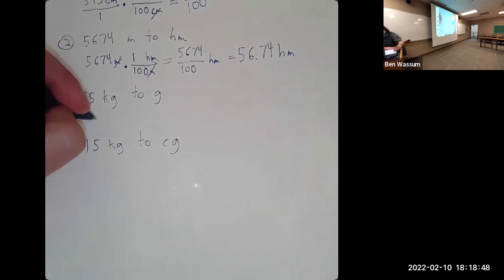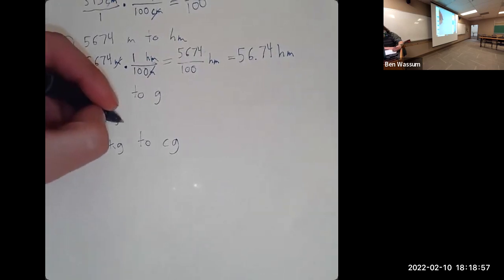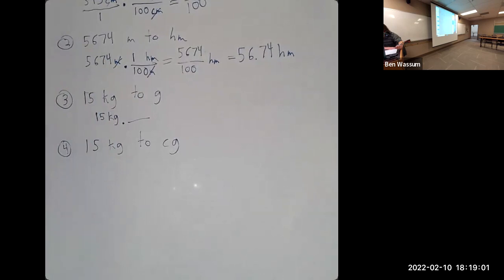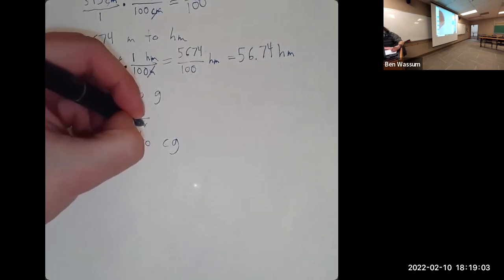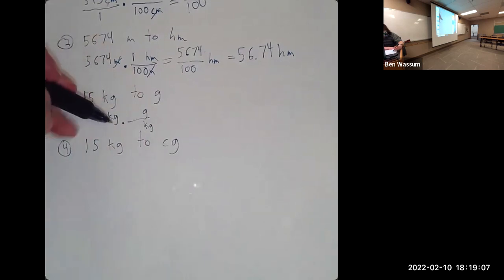So same sort of thing. We have 15 kilograms. And we're going to convert that to grams. Well, I know I can go straight from kilograms to grams. So again, that unit's going on the bottom, so I know it'll cancel out.